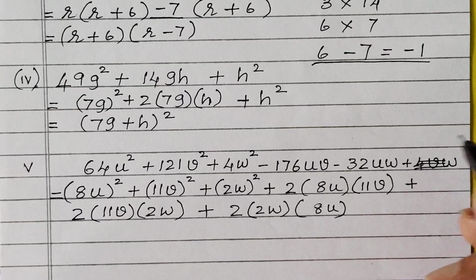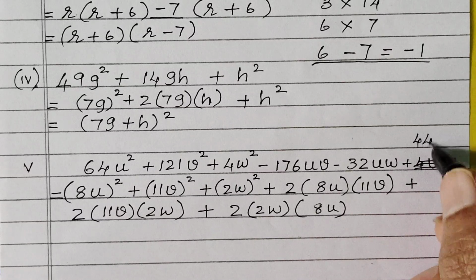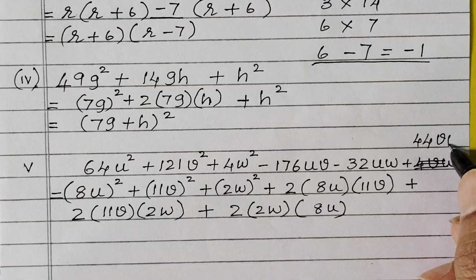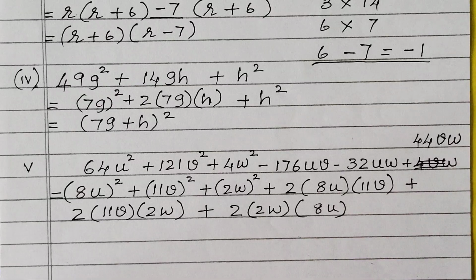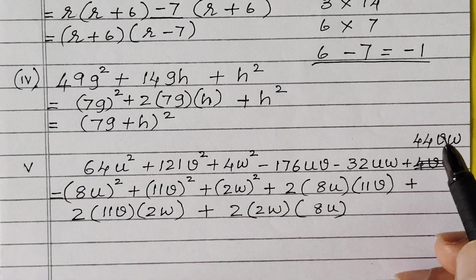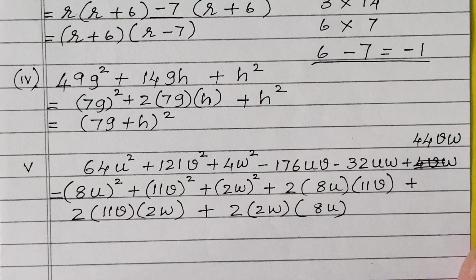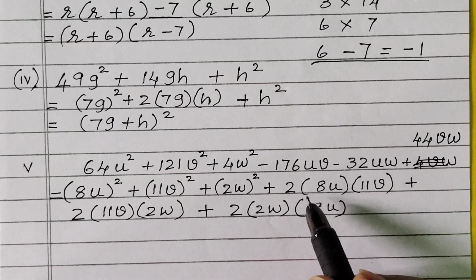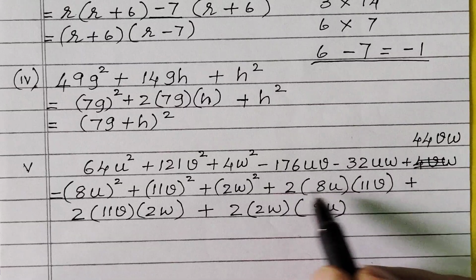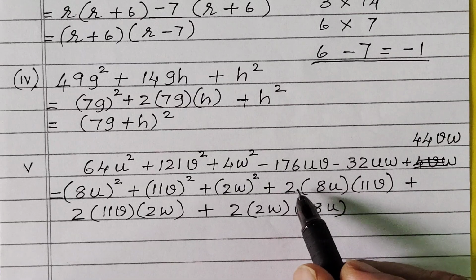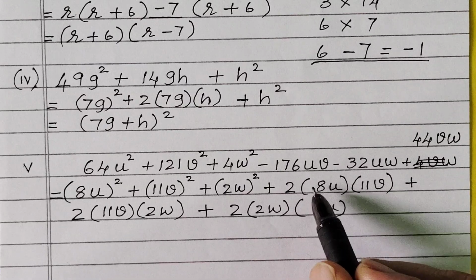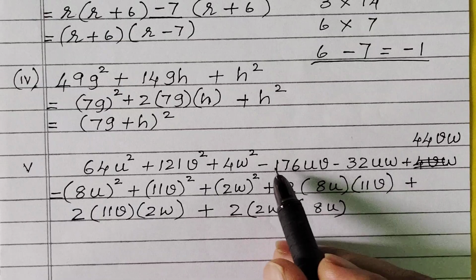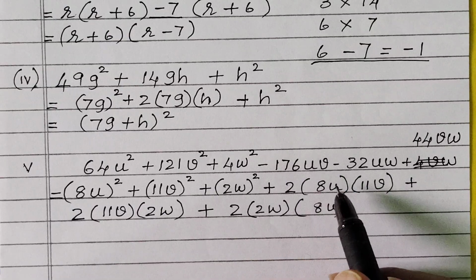So here if I solve this, I am getting plus 176 uv, but here it is minus 176 uv.